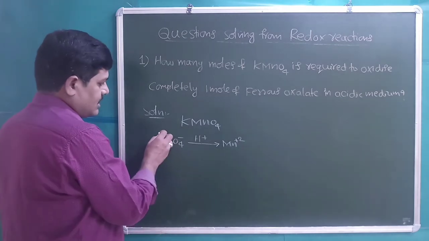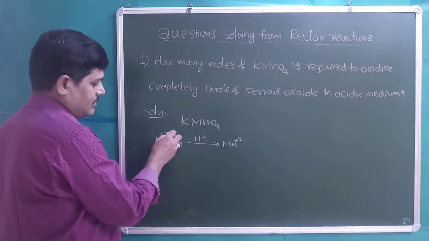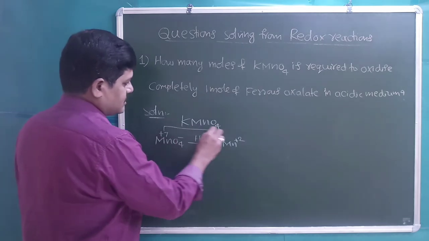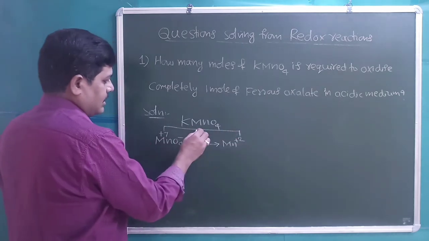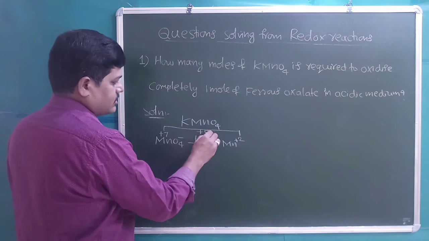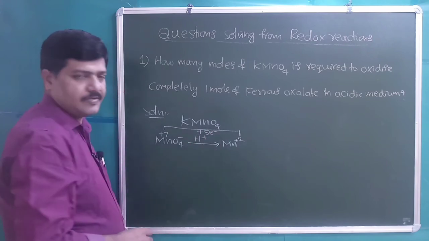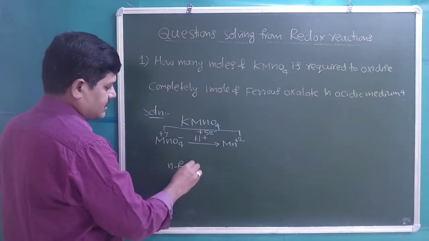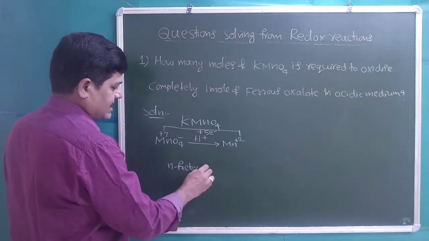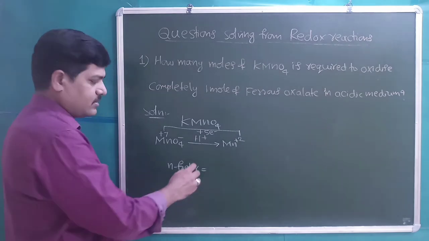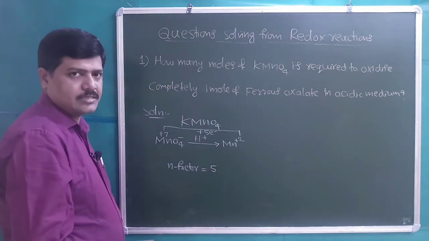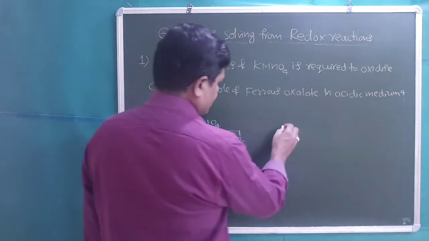The oxidation state of manganese in MnO4 minus is plus 7. So plus 7 converts into plus 2 by gaining 5 moles of electrons. The N factor for an oxidizing or reducing agent is the same as the number of moles of electrons transferred. So the N factor for potassium permanganate is 5.